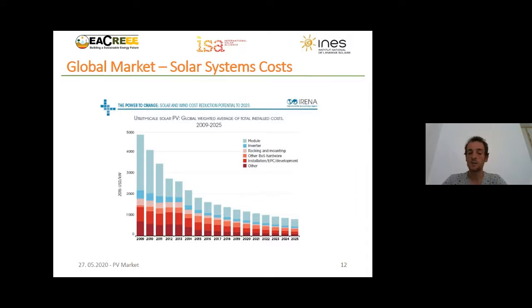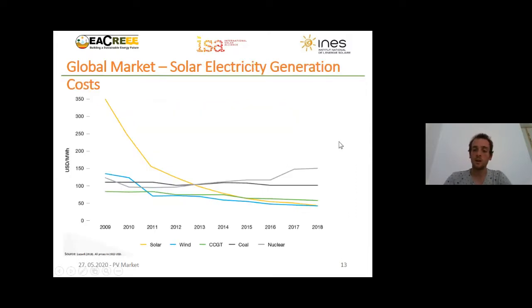The main reduction accounts for the installation and EPC costs, because in the last 10 years we were able to reduce the installation cost a lot, mainly due to the growth of projects that now account for more than the megawatt scale, and before it was more at the 10 kilowatt scale. So that was for system costs.